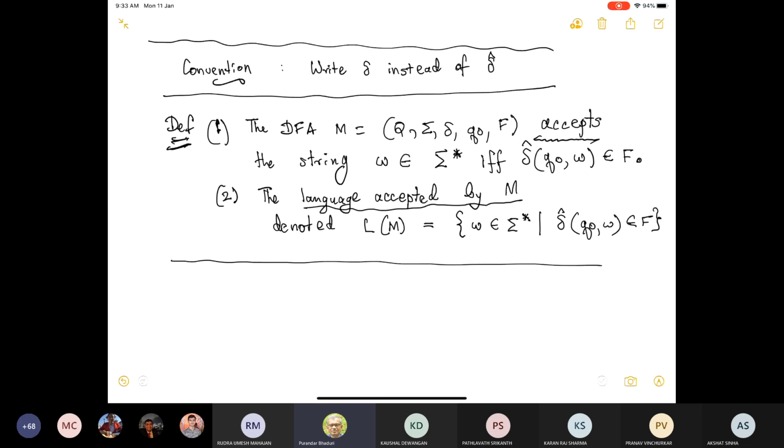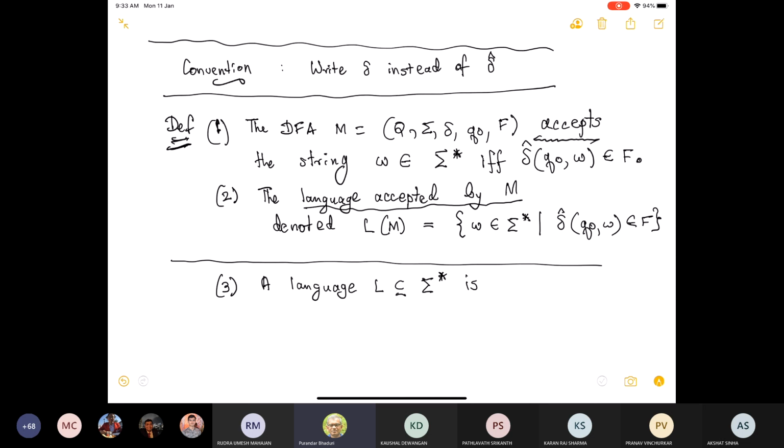There's one more important definition. A language, remember, is a subset of sigma star, right? So sigma is the alphabet.